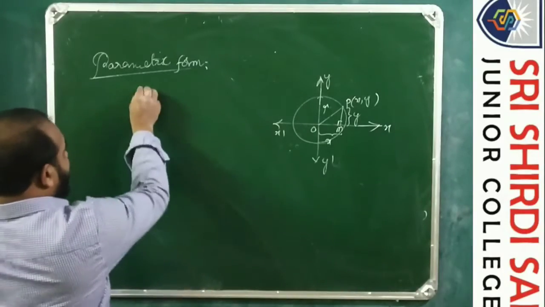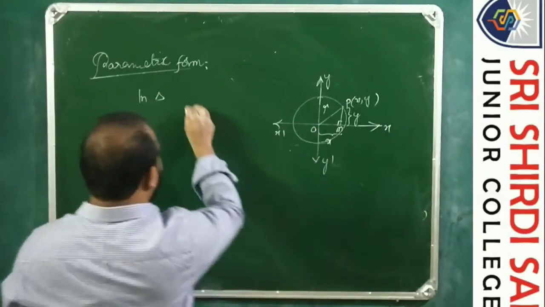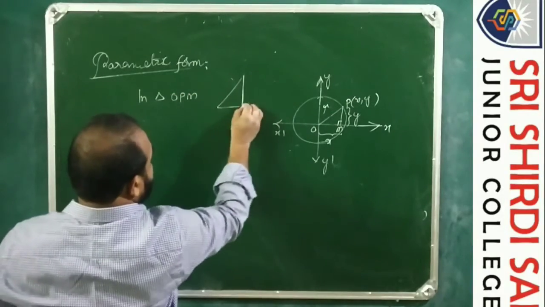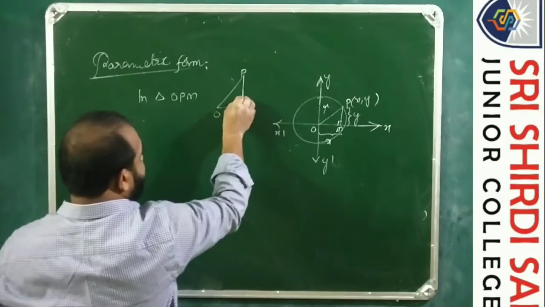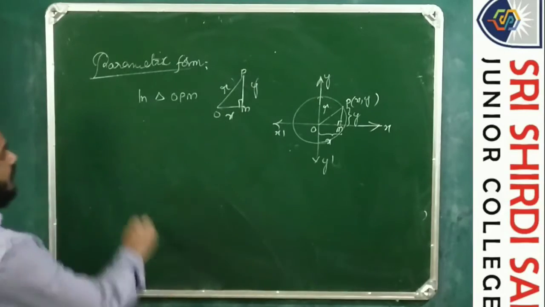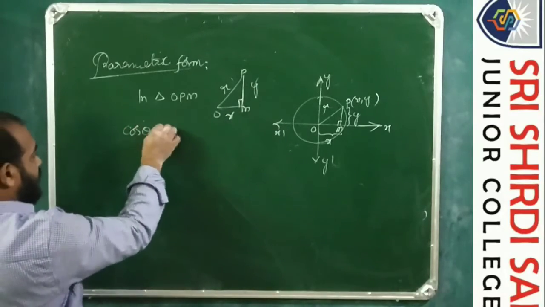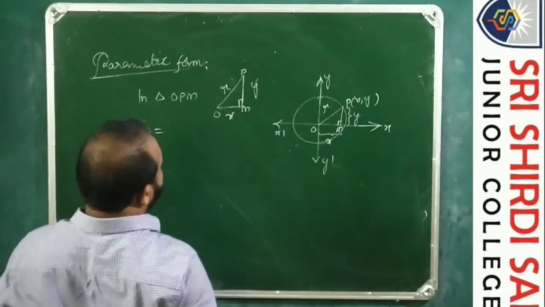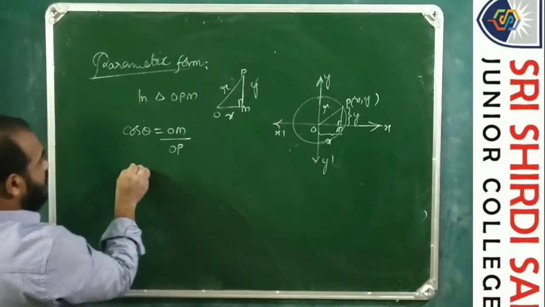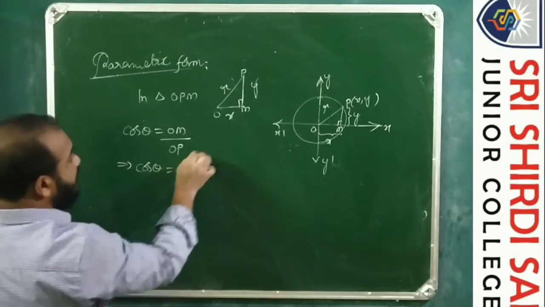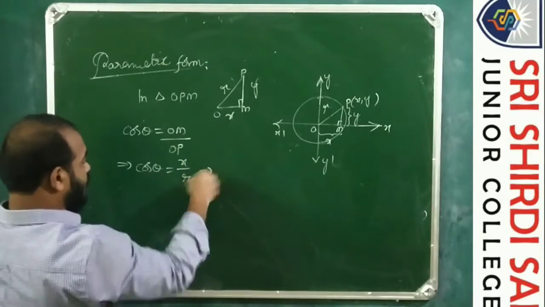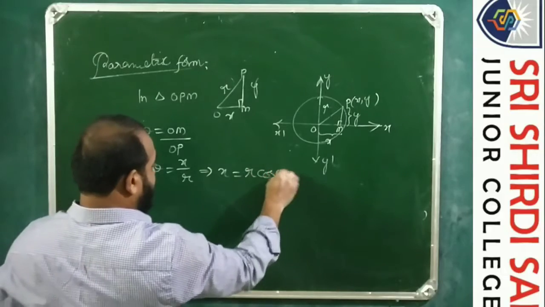So in triangle OPM, this is r, this is y and this is x. So cos theta is equal to OM by OP, that is x by r. From this, x is equal to r cos theta.